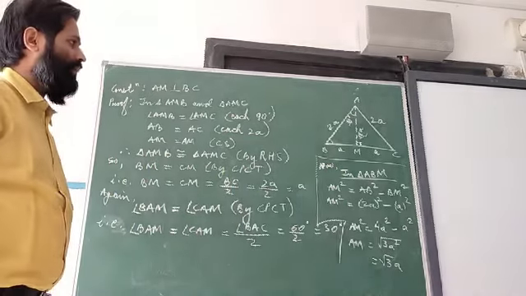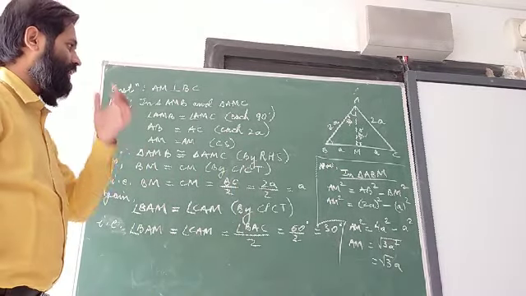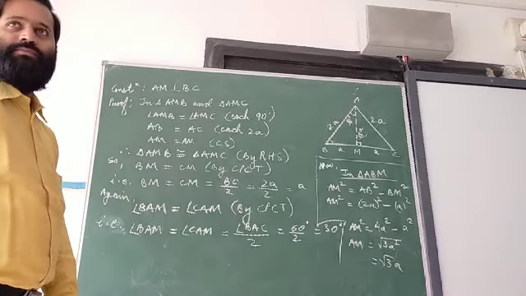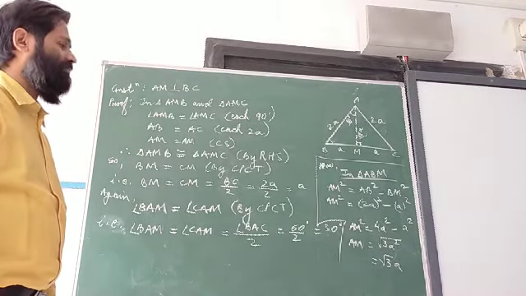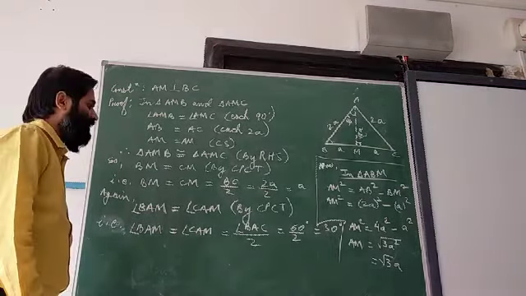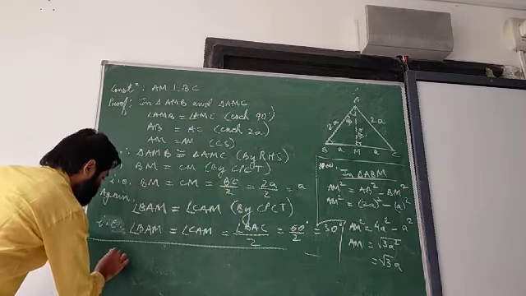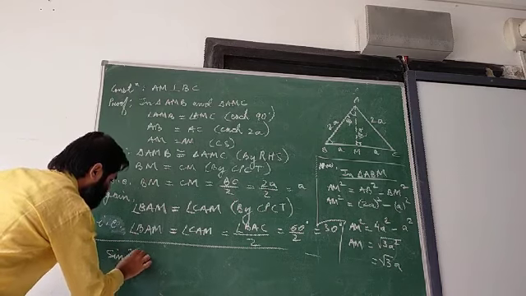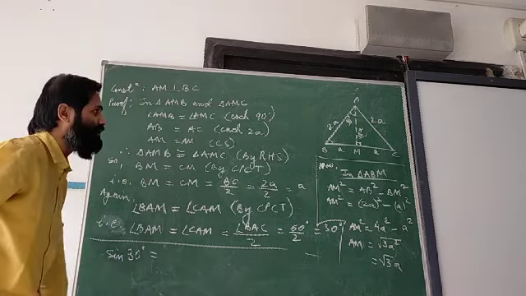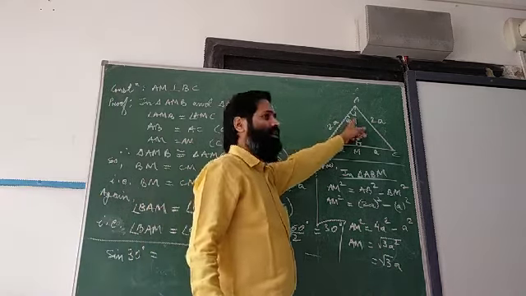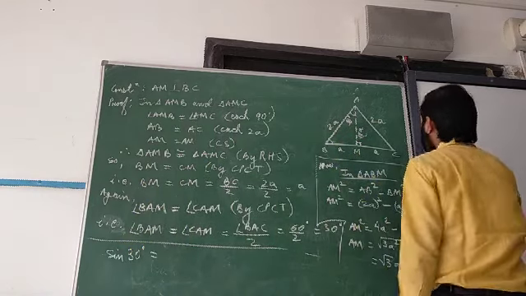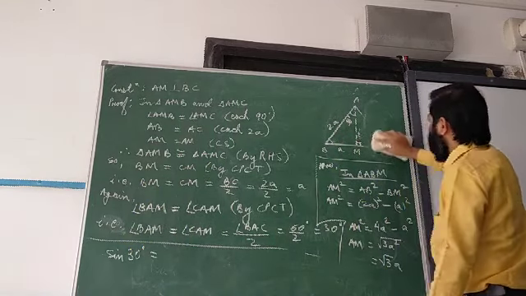Again, in triangle ABM. Now can we say sine 30 degree? What is sine 30 degree? Now let's see, this is theta. Now you forget the other triangle.